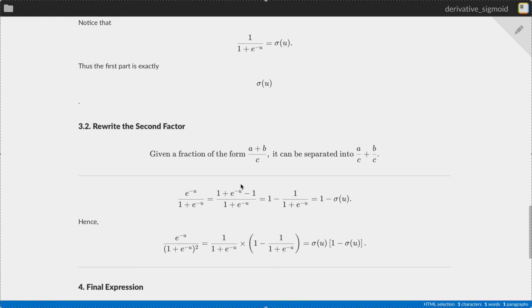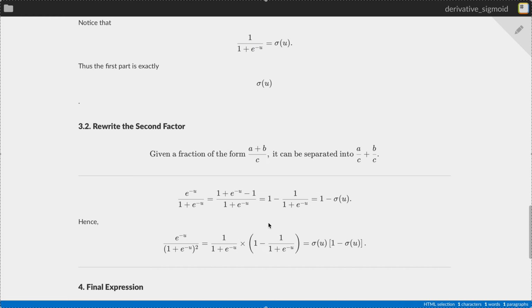And here we can do some algebra, and we can basically say that e to the negative u over 1 plus e to the negative u is going to be equal to 1 minus 1 over 1 plus e to the negative u, which simplifies to 1 minus sigmoid u. So this is 1 minus, and remember, this is the sigmoid. Okay, so this is going to be equal to 1 minus sigmoid u.